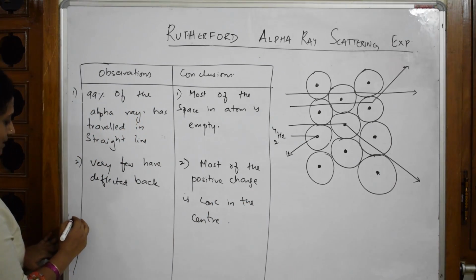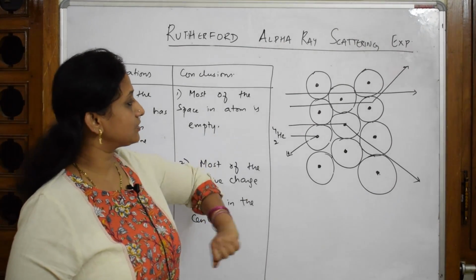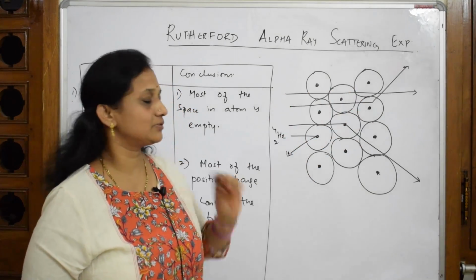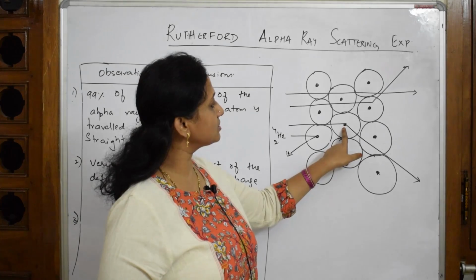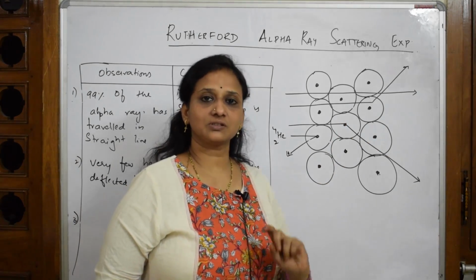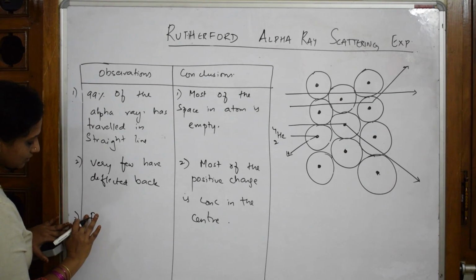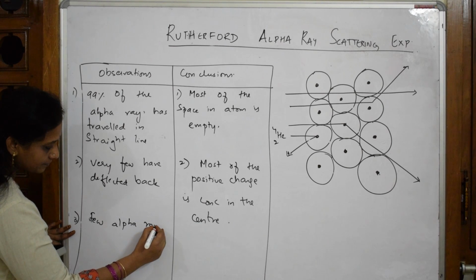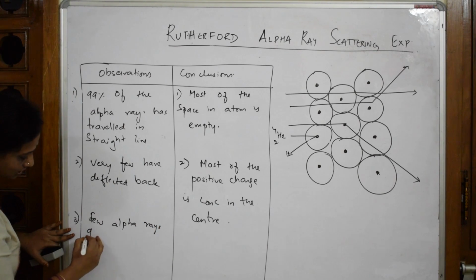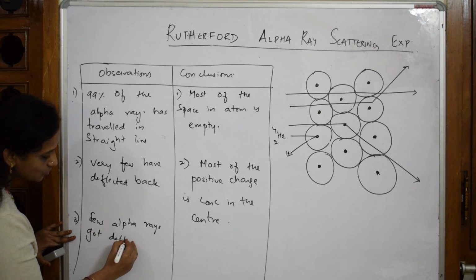Right. So now let's come back and see the third point. We have written this point, then we have written this point. Now let us write this point. So here when I see most of the rays, see here, this has come, hit the positive charge and it has come down, isn't it? It is deflected down. What can I write? Right, let us write that. Few alpha particles or alpha rays, this is very less, this is very few, got deflected. So what can I say?